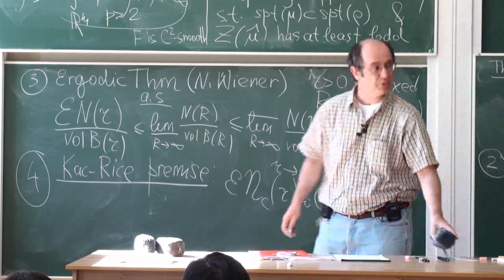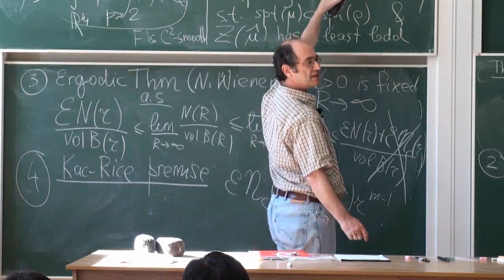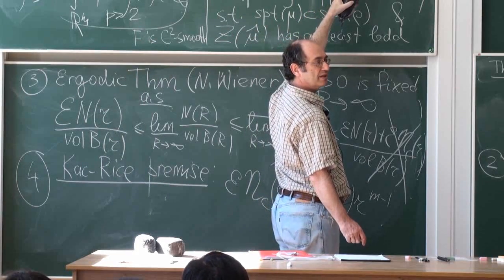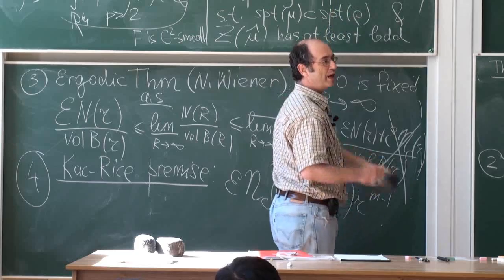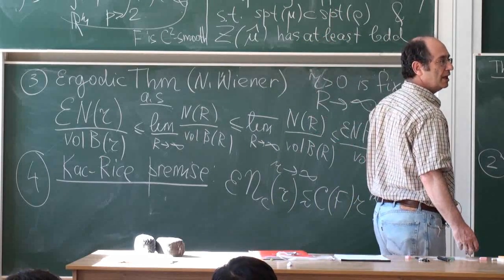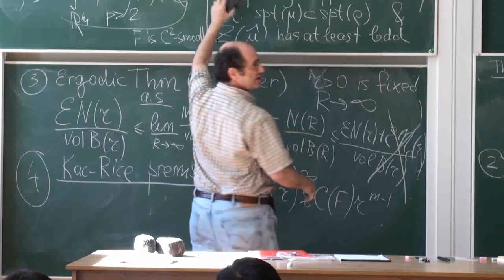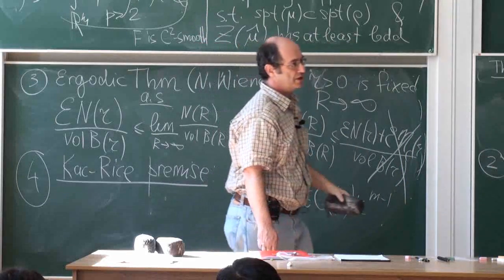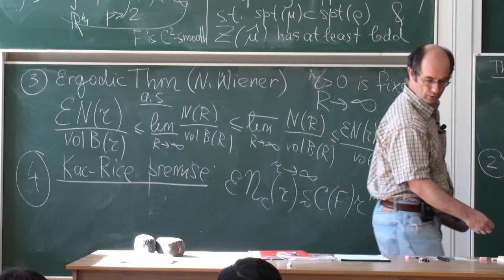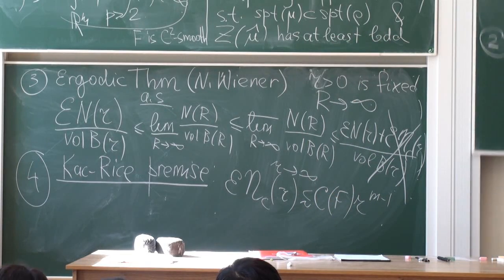Well, so what remains now? So we proved that this secret constant exists. We have no idea how to compute it, because this was just our mean. And what remains is to show that if you have this condition, the secret constant is positive. This I will do in the remaining 10 minutes.